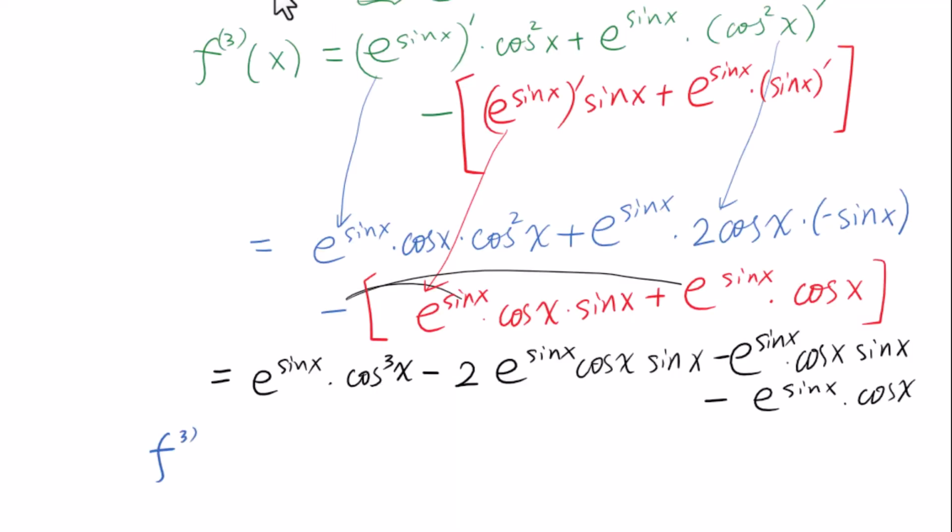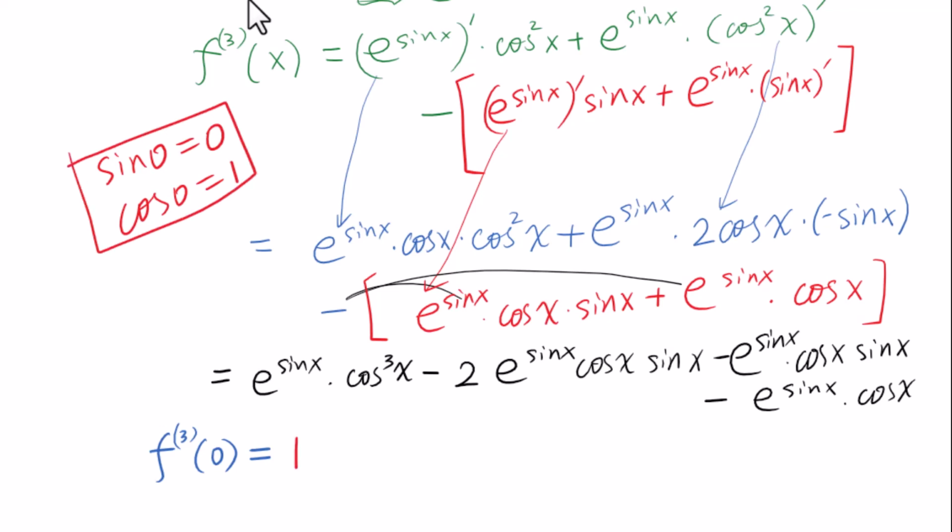The third derivative at x equals 0 equals. Remember the rule, sin 0 equals 0, cosine 0 equals 1. So we have a 1 minus, since we have a sin 0, this is 0.